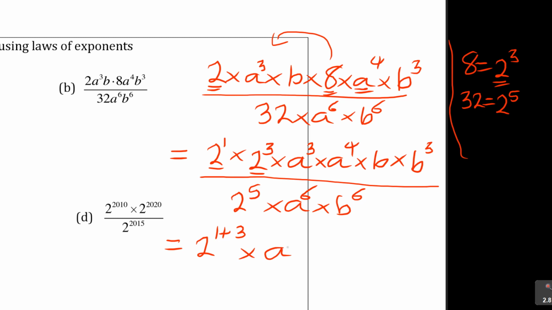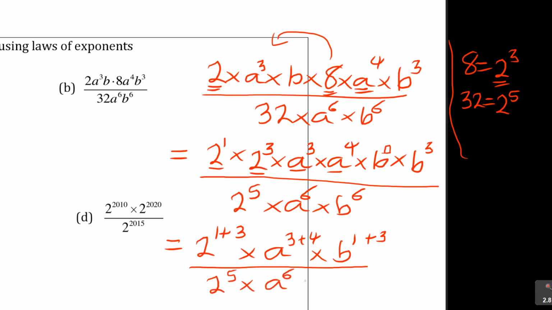Times a to the power, same base there, is 3 plus 4 times b to the power what? What's the power for b there? It's hidden. It's also 1 plus 3. Are you with me? Over 2 to the power 5 times a to the power of 6 times b to the power of 6. Are you with me?